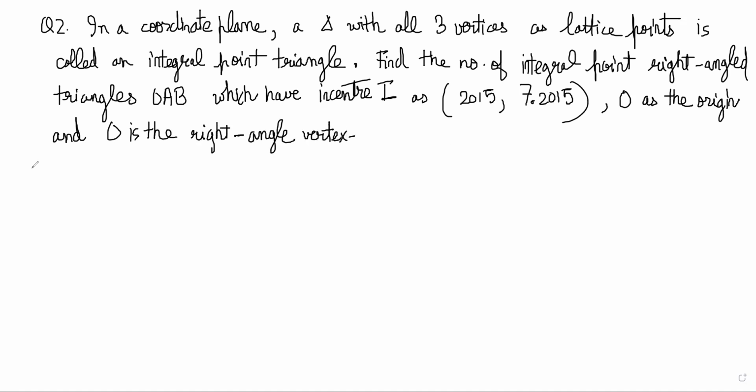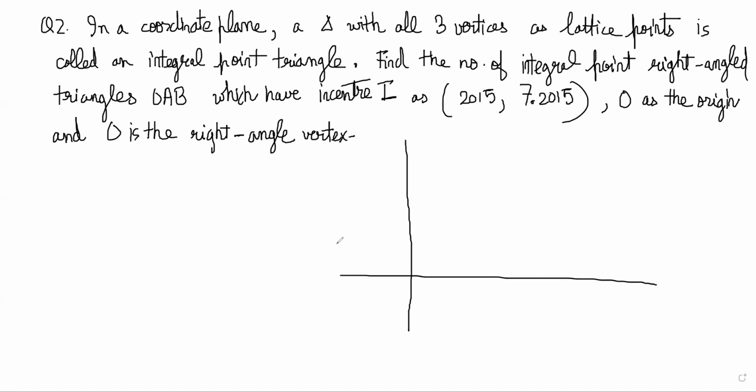So basically what we have to do here is find the number of right angled triangles OAB where the right angle is at O and the incenter is at the known coordinate of (2015, 7 times 2015), right?